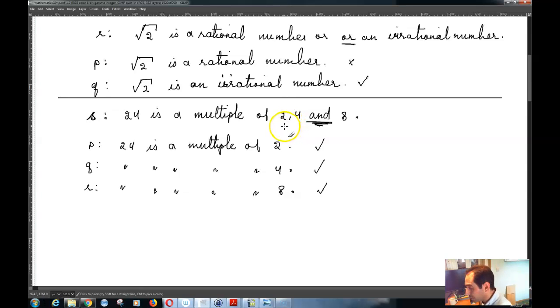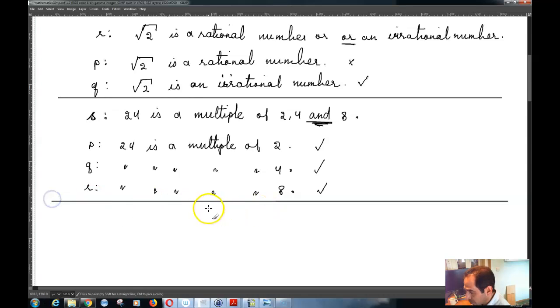This is of course very important because these connecting words, and we have or, and some other such words, are used to connect these statements together. These words have specific meanings and definitions in mathematics. It's not like the way that you use them in our daily language.